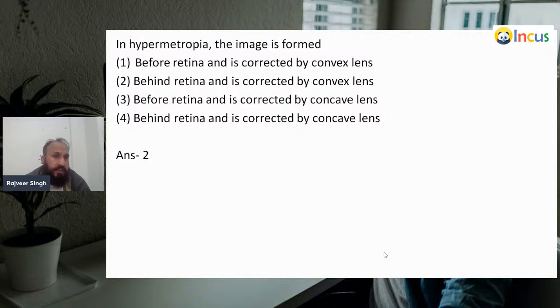In hypermetropia, the image definitely forms behind the retina. But most students are confused between convex and concave. You should know that convex is right for hypermetropia. A convex lens is used to correct hypermetropia, where the image is made behind the retina.